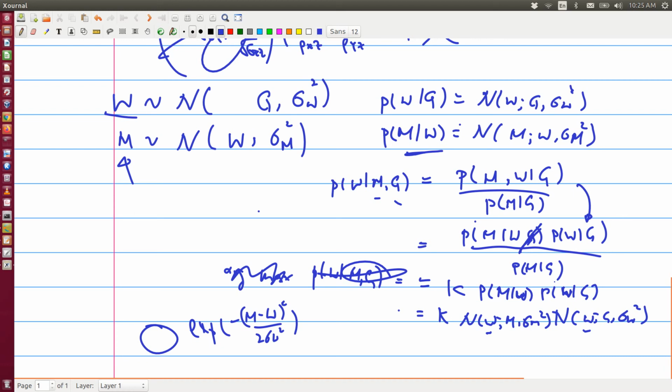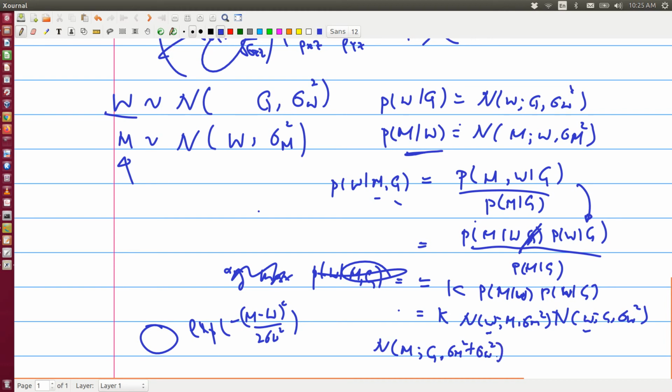If you remember, that normalization factor turns out to be equal to G sigma M square plus sigma W square.